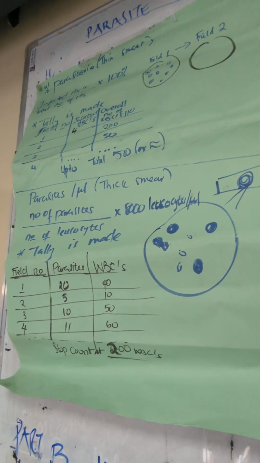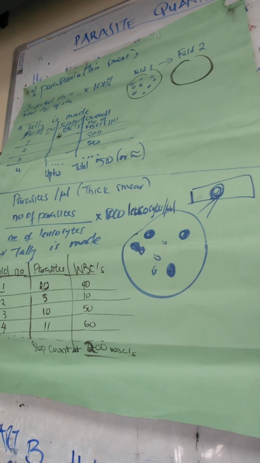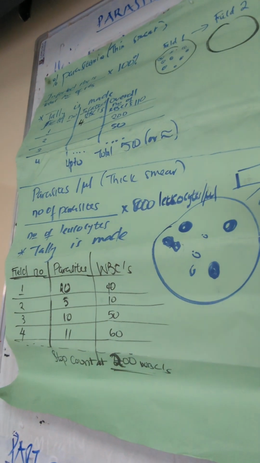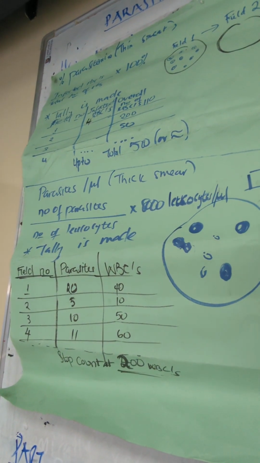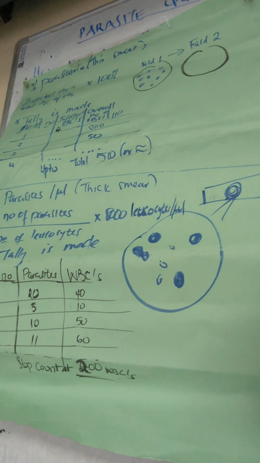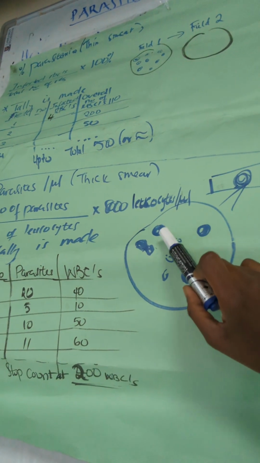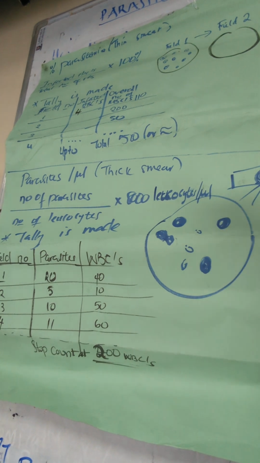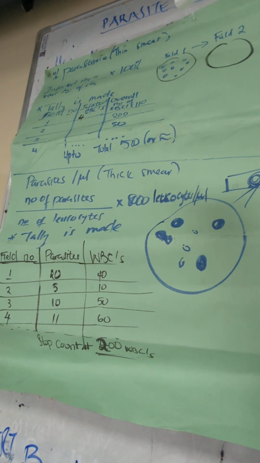But the most informative, because they really give you a good sense of the infection, are the percentage parasitemia, as you can see on the board there, and parasites per microliter. So you had parasites per microliter, your thick smear, as task 3, and then task 4 was percentage parasitemia up there.